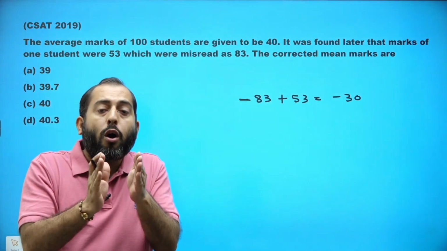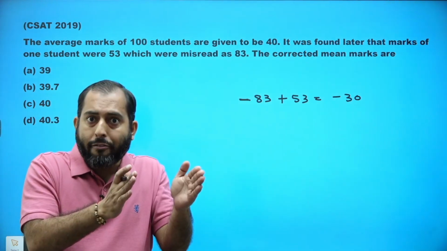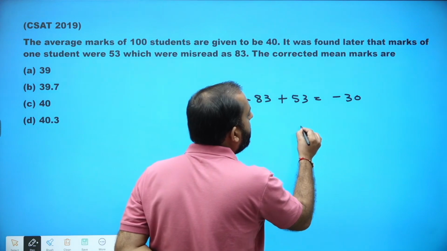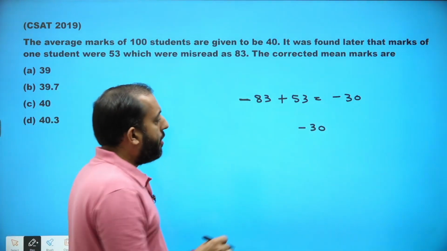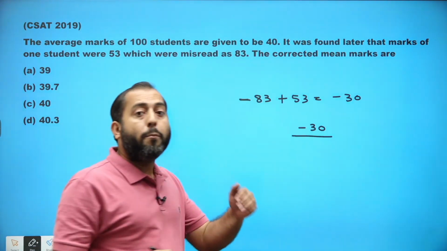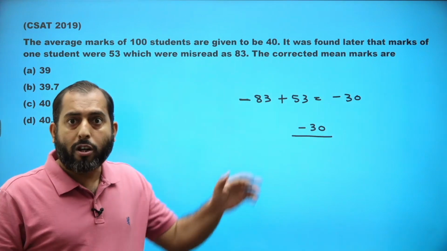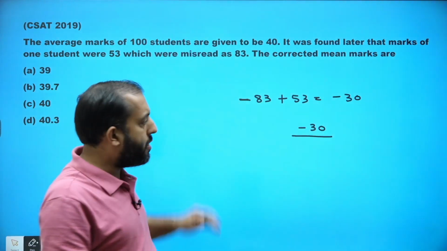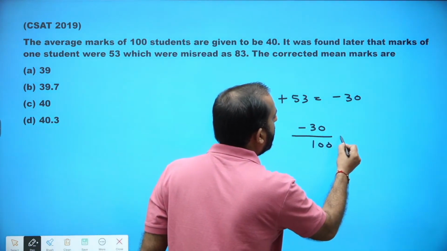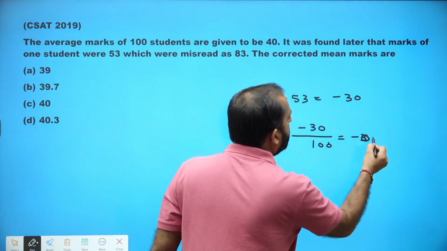If you want to talk about improvement of the average, the improvement in the average should be equal to the net improvement divided by the number of observations we are talking about. How many observations are we talking about here? We are talking about 100 students. So divided by 100, which comes out to be equal to minus 0.3.